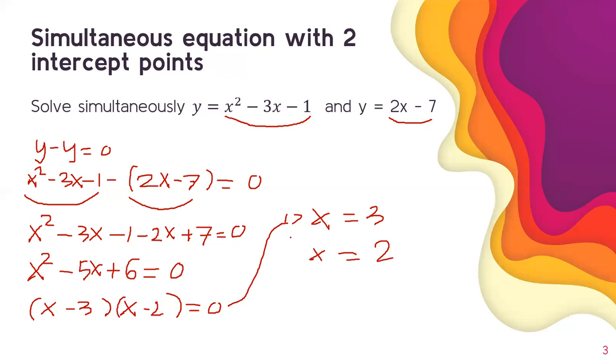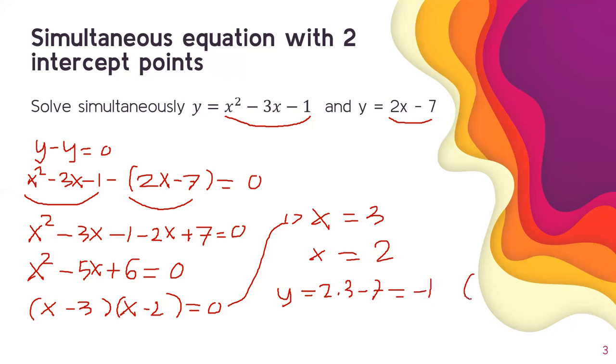Now we're going to find the intersection points. First, if x equals 3, it means this x equals 3 as well. So if x is 3, y equals 2 times 3 minus 7, which is negative 1.